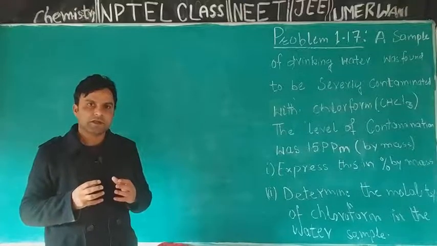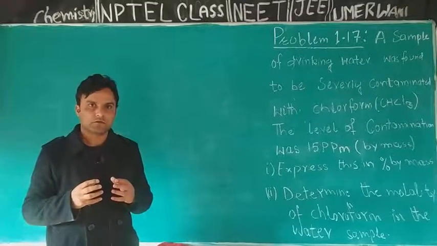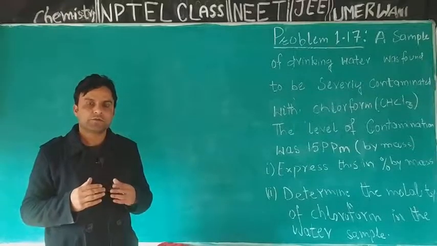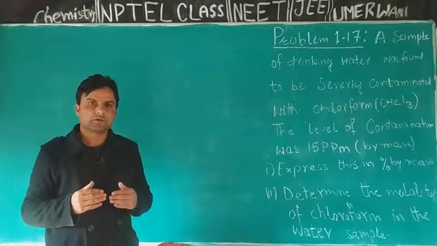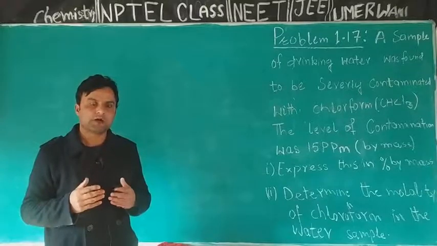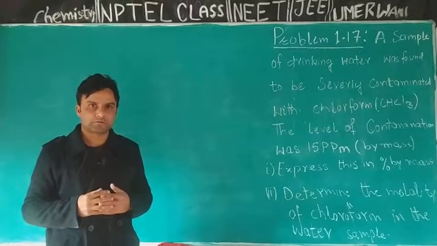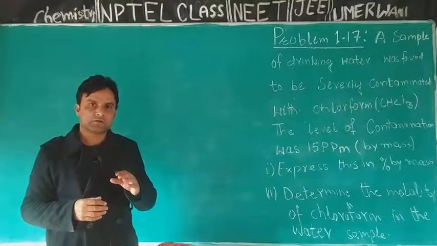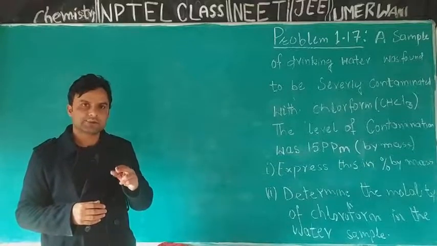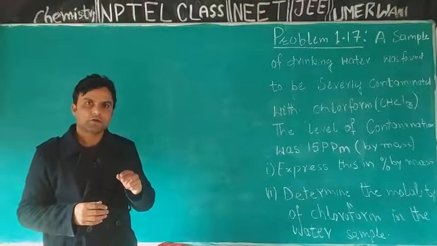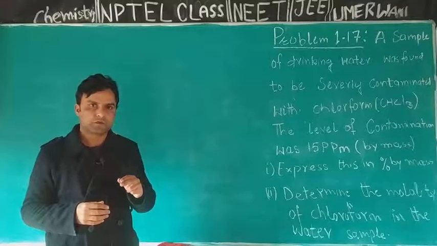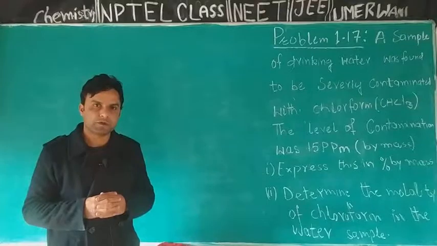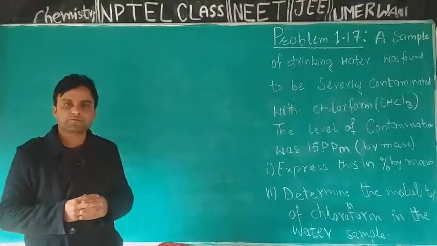The level of contamination of this drinking water is also given: 15 parts per million by mass. I mean, the concentration of this contaminant, chloroform, in this drinking water is given in terms of ppm and equals 15 ppm.